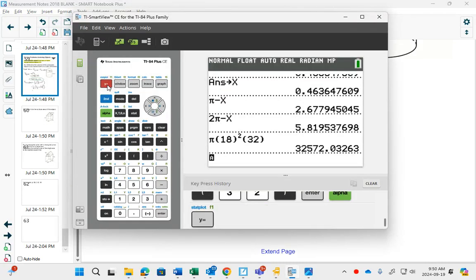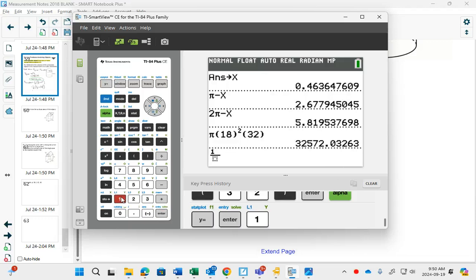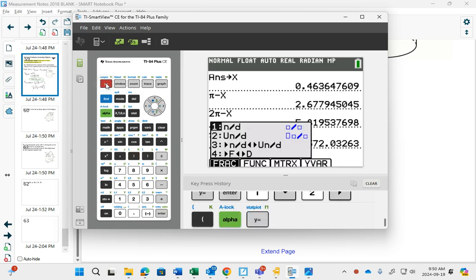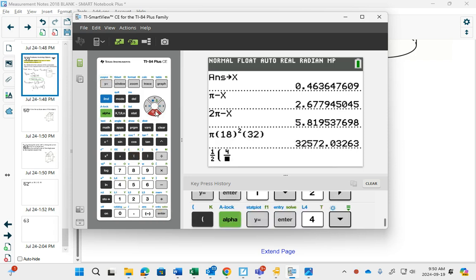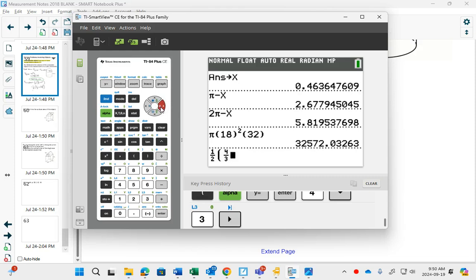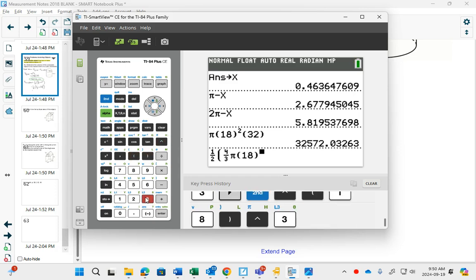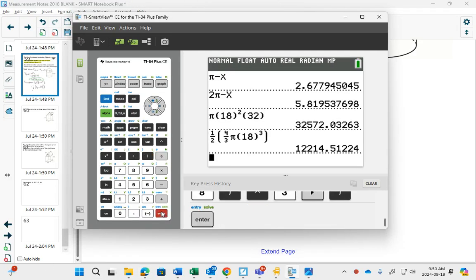And again, practice typing these things in yourself. You know how to write a cube button on your calculator. Can you write this all in exactly as it seems, and then push enter? 12,214.5.